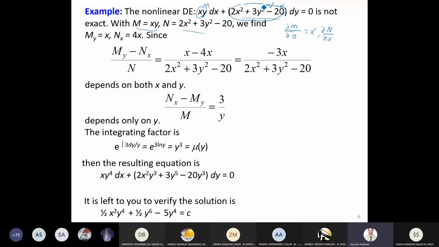The differentiation of 20 is 0. This one also 0. What about this? It will be 4x. This part is not equal to this part, so I cannot solve it as exact.